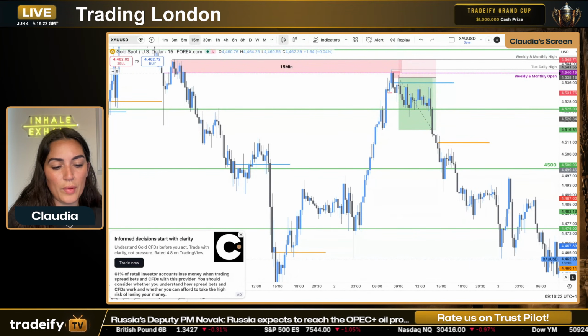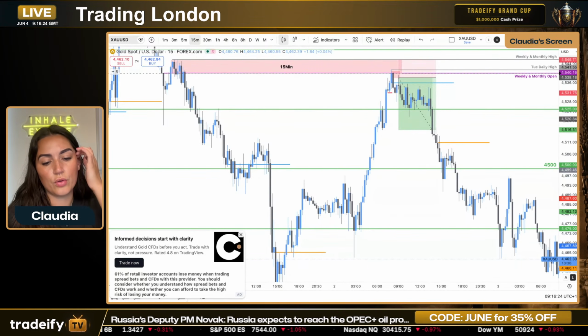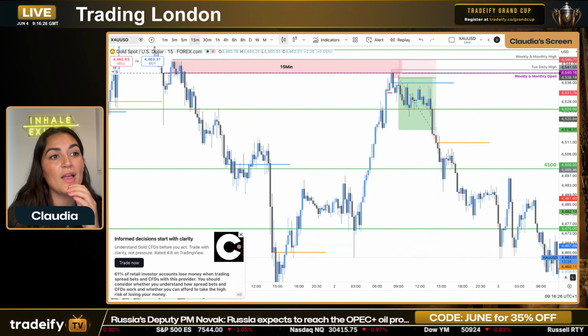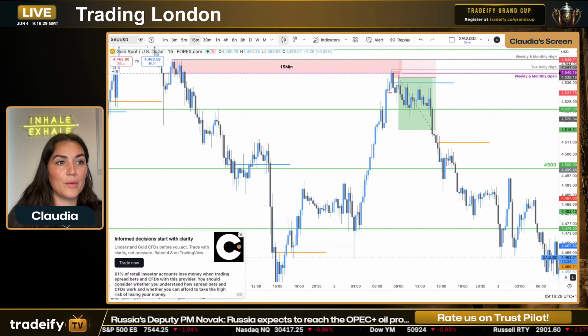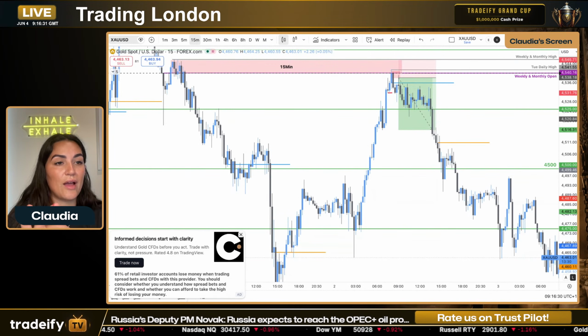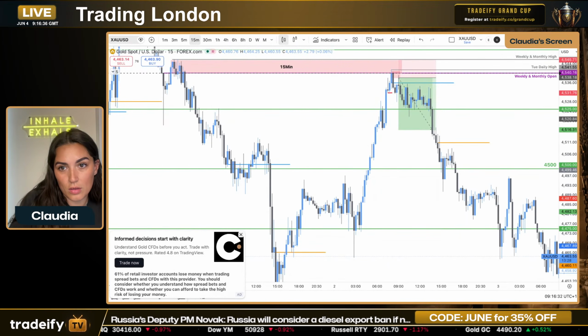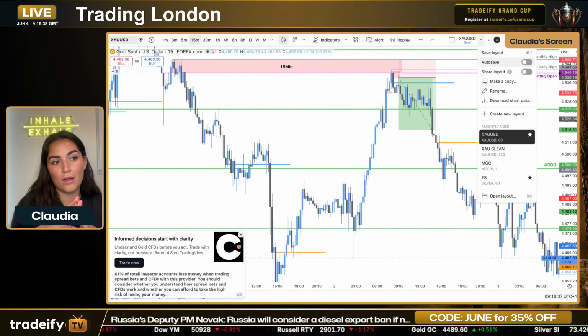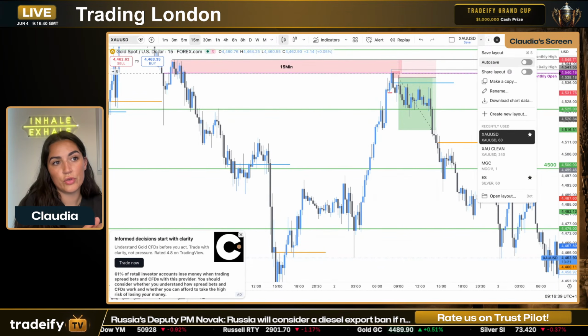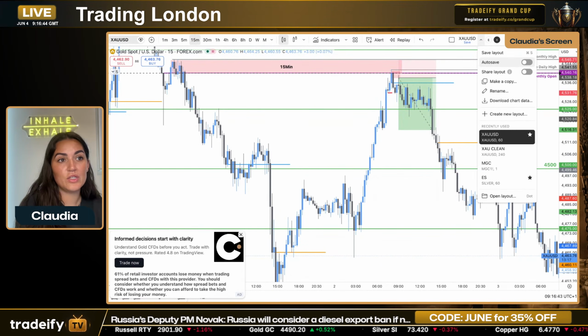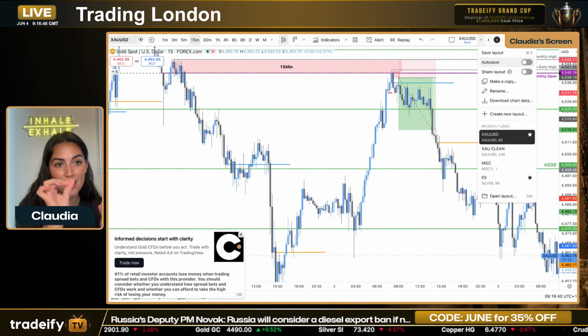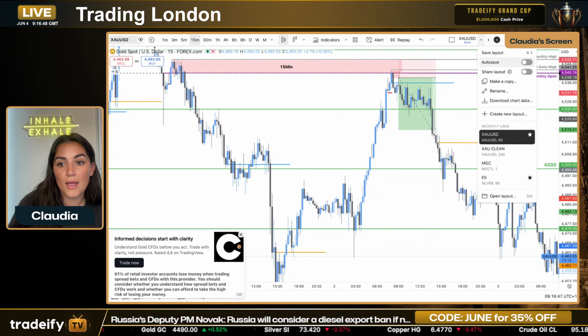Someone said, why not trade futures? Gold chart, XAU pricing is off. Yeah, the pricing is off completely, but let me pull it up for you. If you're using TradeC or Tradeify, MGC price action is printing exactly the same way as XAU.